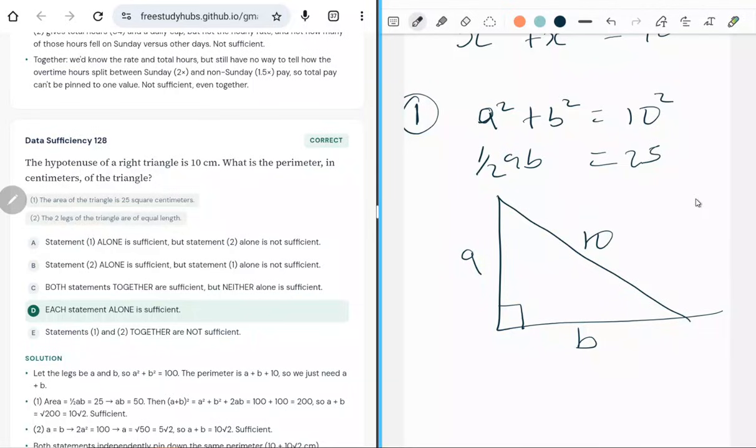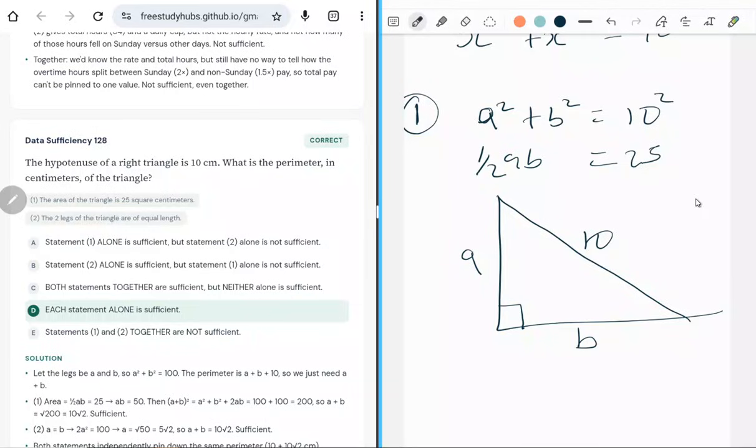But statement 1 is saying that the area is 25. The area is half AB, because the area is defined by the legs, not the hypotenuse. So half times A times B equals 25. That gives us the second equation. We can solve these two equations to find the answer. So we can solve A and B from here.